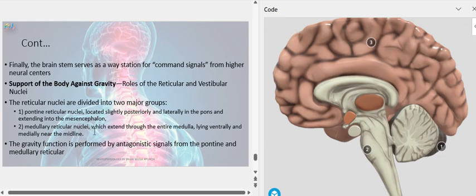The medullary reticular nuclei extend through the entire medulla, lying ventrally and medially. We are being told that these are very important areas in supporting the body against gravity. The gravity support is normally performed by antagonistic signals from the pontine and medullary reticular nuclei.